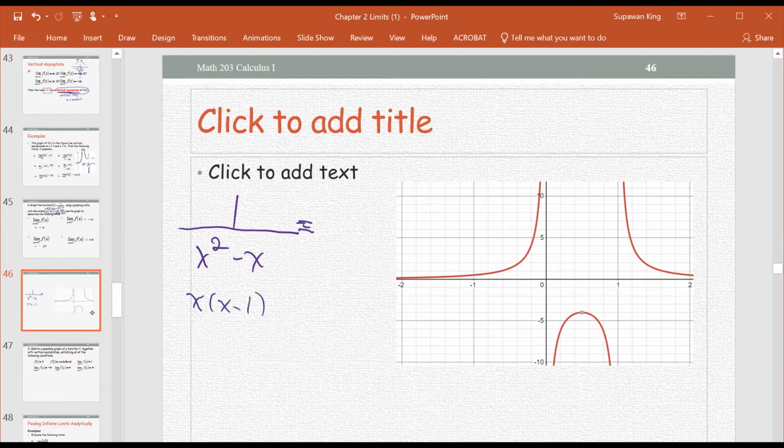That means x cannot be 0, x cannot be 1. We cannot include these two numbers in the domain of the function, correct? And as you see in the graph, it will give you the vertical asymptotes at x equals 0 and x equals 1.